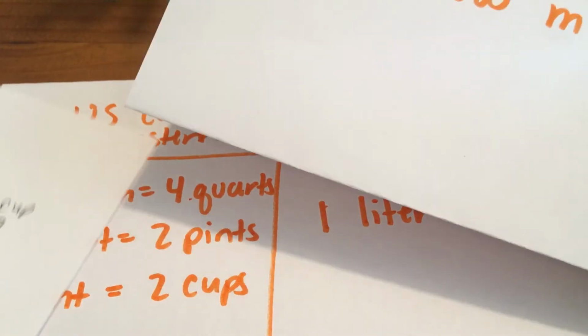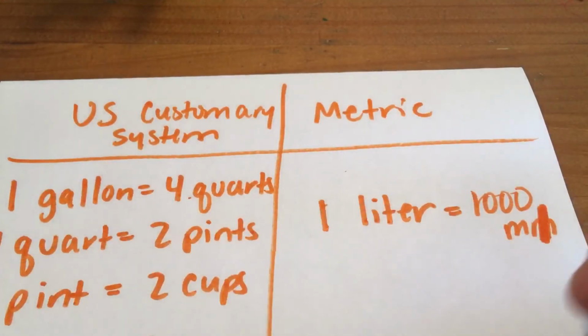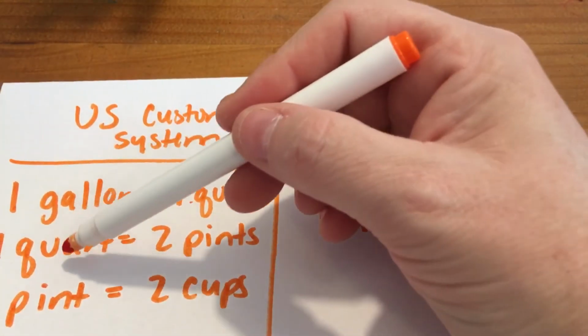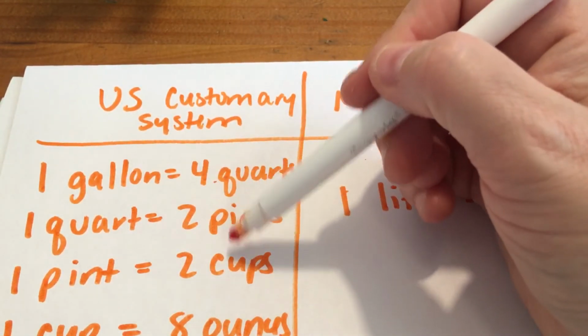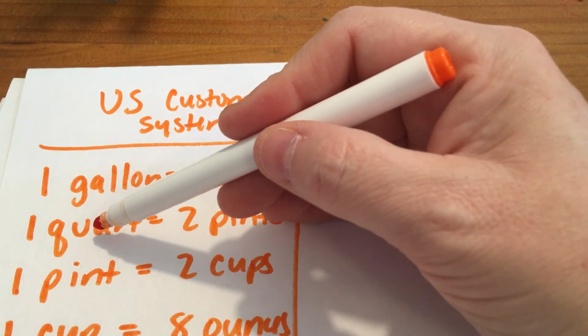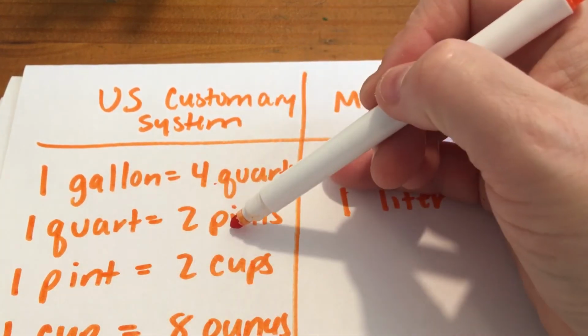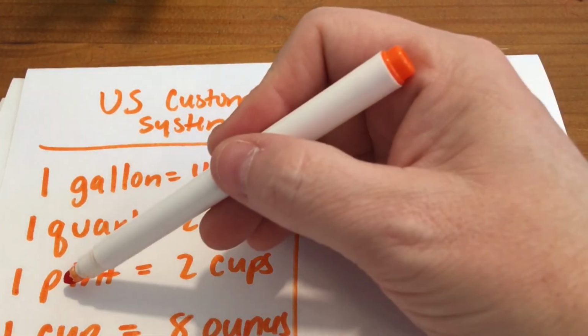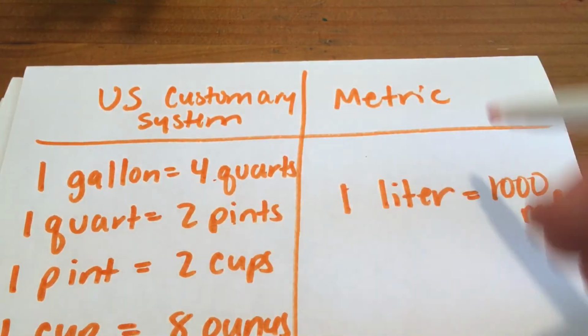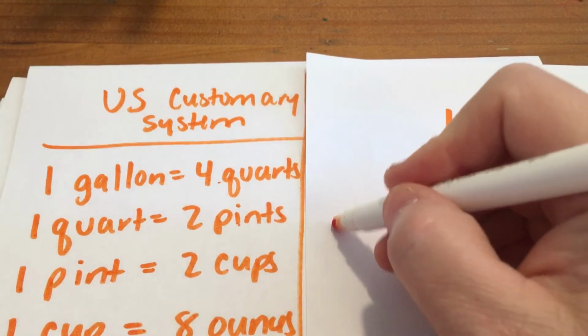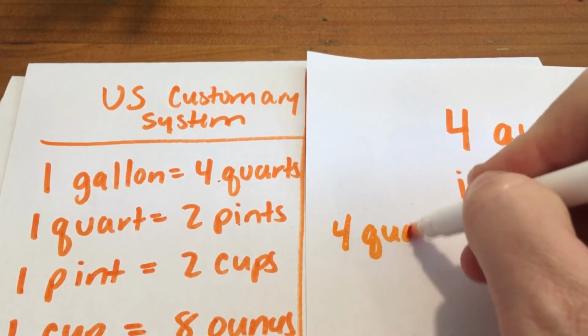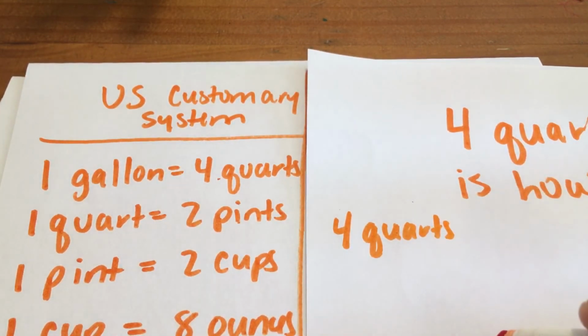So again, let's look at this. We're going from quarts, not to pints, but to cups. So that means we're going to have to go from quarts to pints, and then from pints to cups. So let's do this. We're starting out with 4 quarts, and we want to end up with cups.